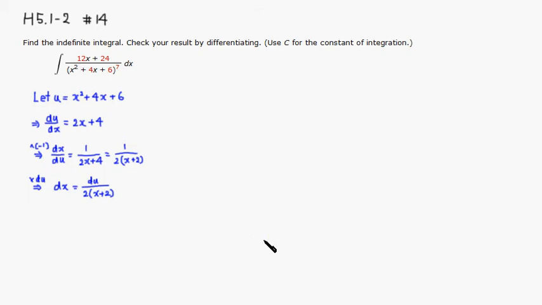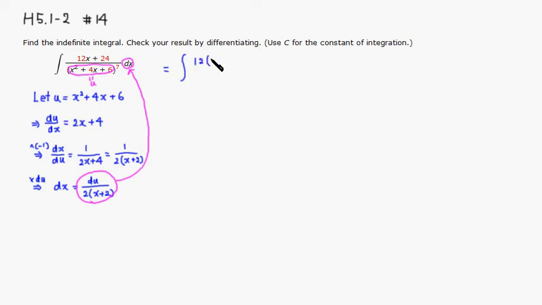Remember that we decided to call the expression inside the parentheses on the bottom u. Then this right here is going to replace dx. So this is going to be equal to the integral. First, 12x and 24 have 12 in common, so I'll pull out the 12.